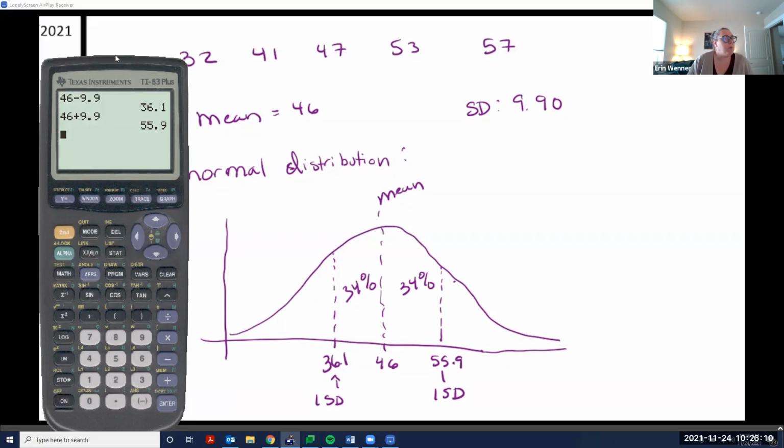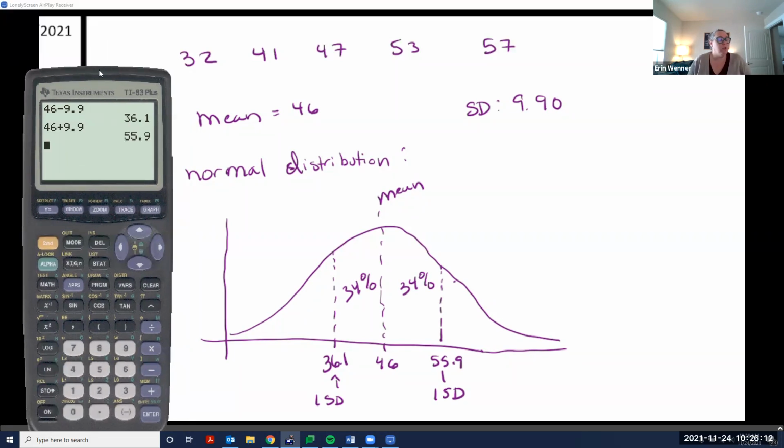If we look at our data points here, almost all of them are in there, like 41, 47, and 53 all lie within that one standard deviation of the mean. If we go one standard deviation out, which means two standard deviations, we're just adding and subtracting on to that.